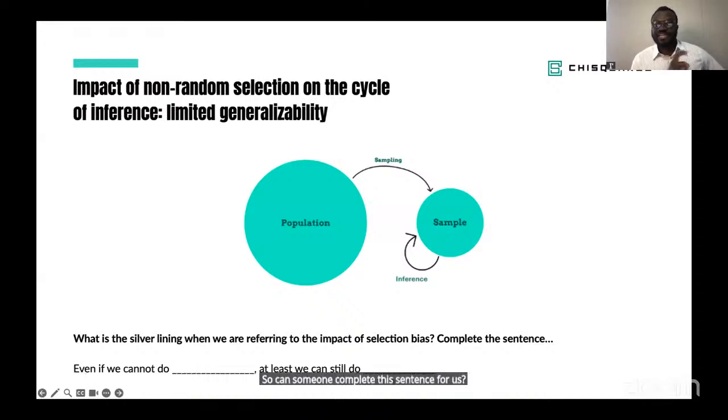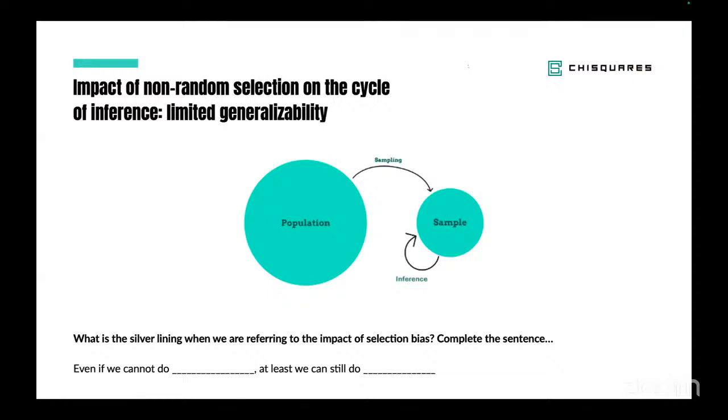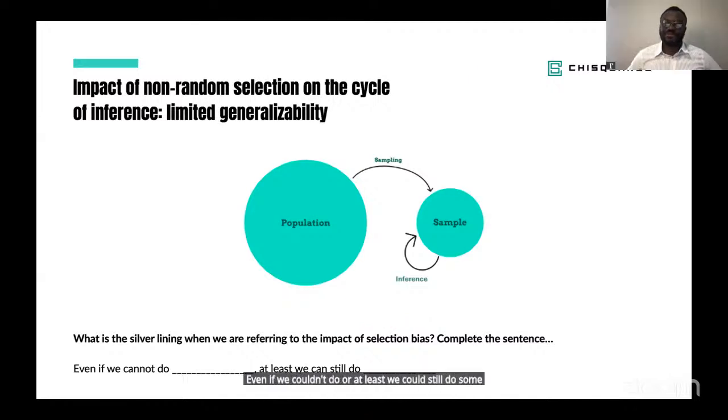In the case of selection bias... Jeremiah. Even if we couldn't do all, at least we could still do some. Okay, thank you. That's one perspective. Another perspective, please.